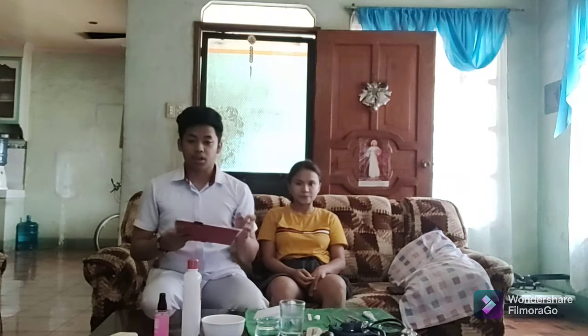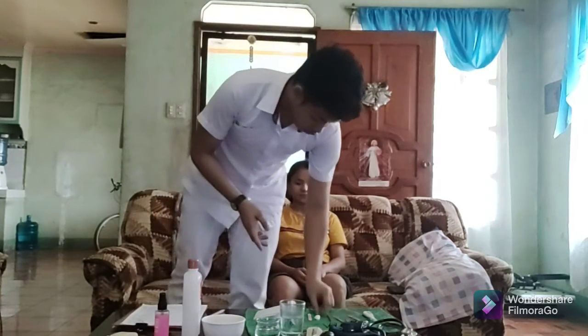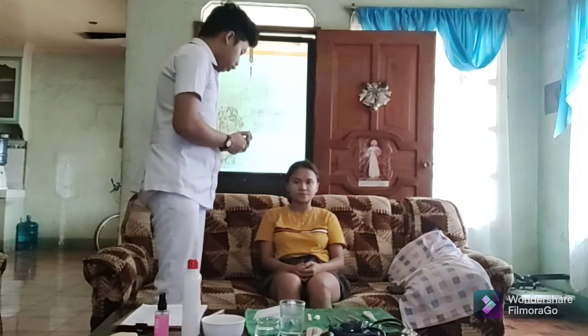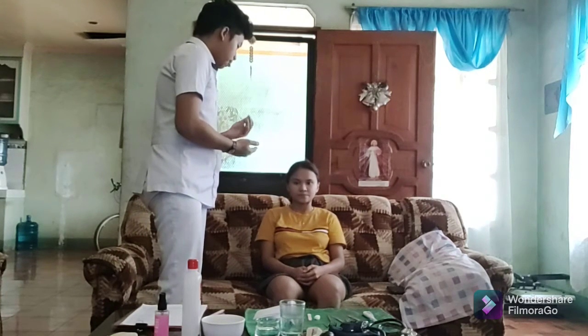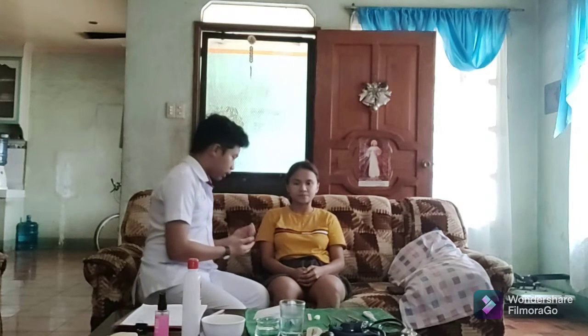Next is to place a quarter or any object in the client's hand to test stereognosis. So, ma'am, I am going to put an object on your hand. I want you to tell me what kind of object this is. Can you close your eyes, ma'am?